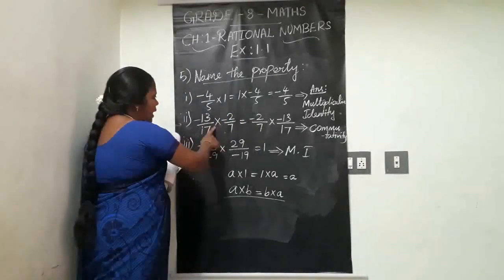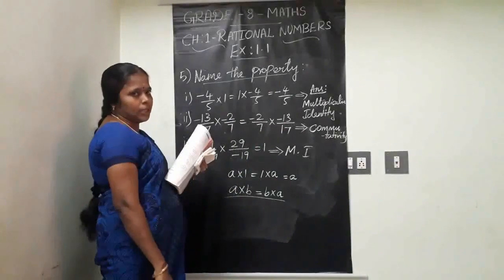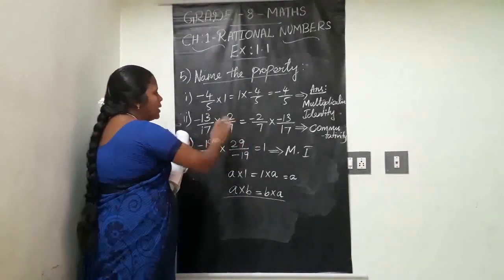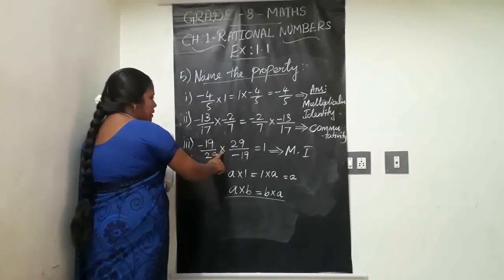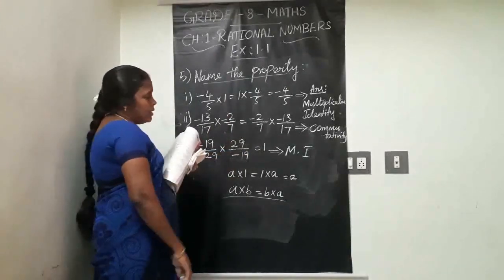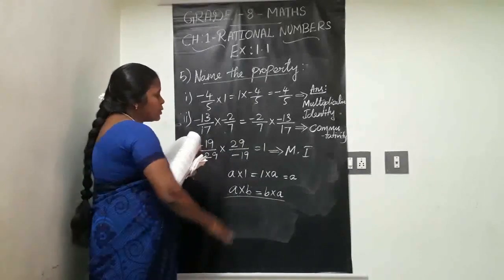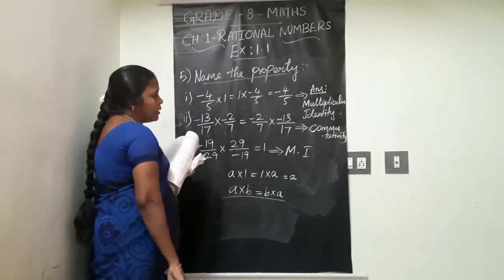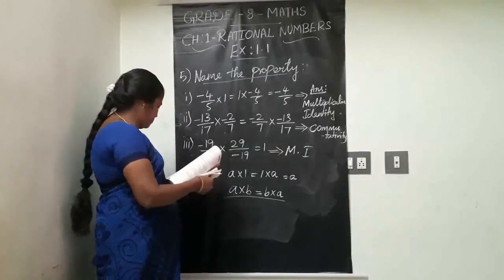That means we can identify commutativity under multiplication. Come to the third, product. If you observe, both numbers are multiplicative inverses of each other, and the product is 1. So which property can we write here? Multiplicative inverse only. Clear, children?